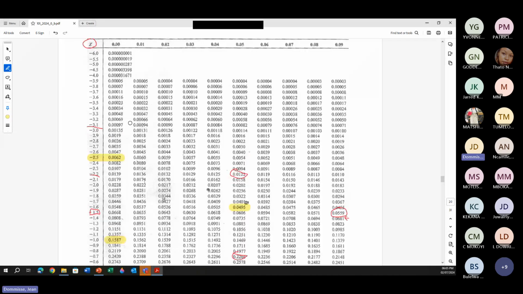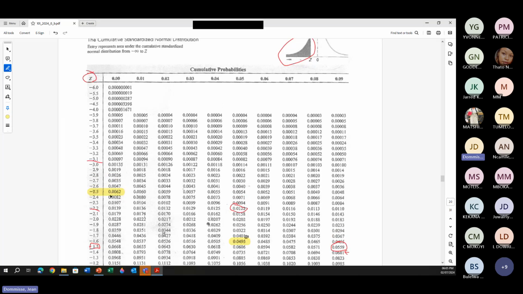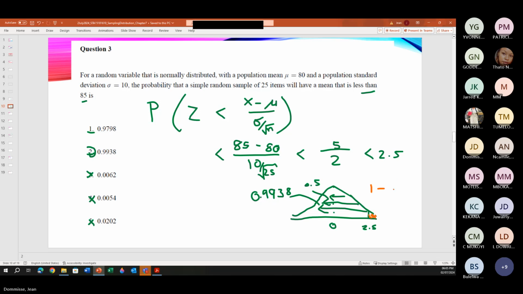Because we want to get to that small area, it is 0.0062. And you will see if you work that out, it is exactly the same. You get the 0.9938. That will then be that whole area.